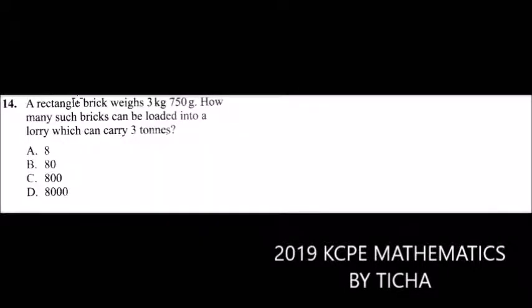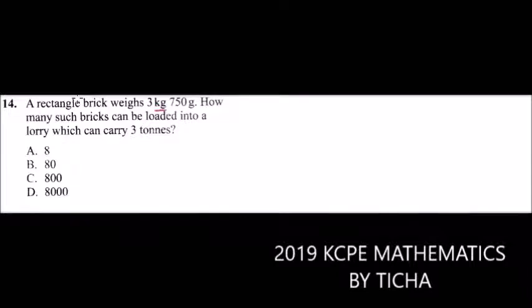Question number 14. A rectangular brick weighs 3 kg 750 grams. How many such bricks can be loaded into a lorry which carries 3 tons? What you need to note is that you have been given different units.